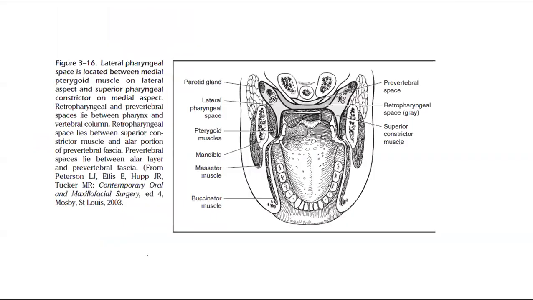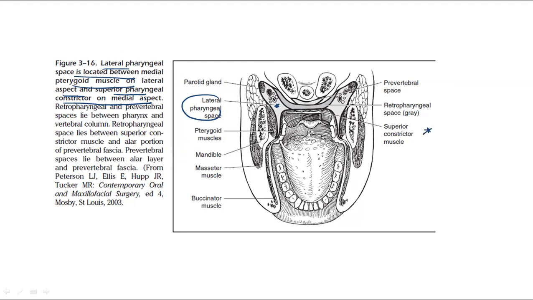Now, here you can see the lateral pharyngeal space is located between the medial pterygoid muscle on the lateral aspect and the superior pharyngeal constrictor on the medial aspect.